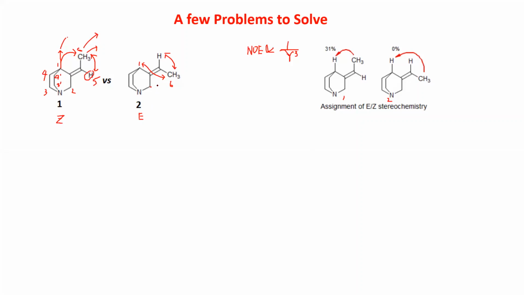So if you irradiate proton 1 for compound 1, there will be no enhancement in the peak of proton 5. But in compound 2, you will have the enhancement because these two protons are closer. Understood? Yes, sir. So that can be another option.